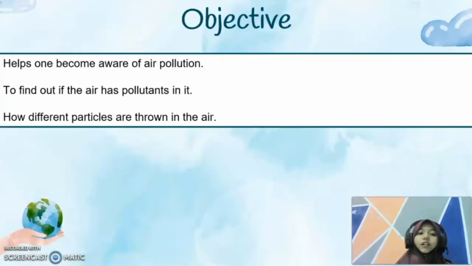First, to help us become aware of air pollution that happens in our surroundings. Second, to find out if the air has pollutants in it or not. And lastly, to know how different particles are thrown in the air in our surroundings.